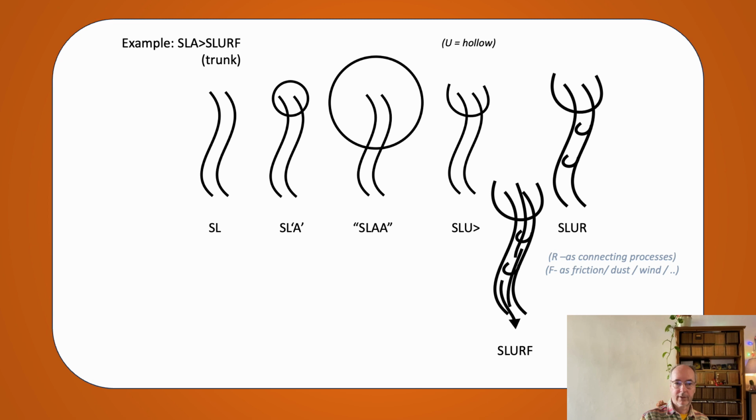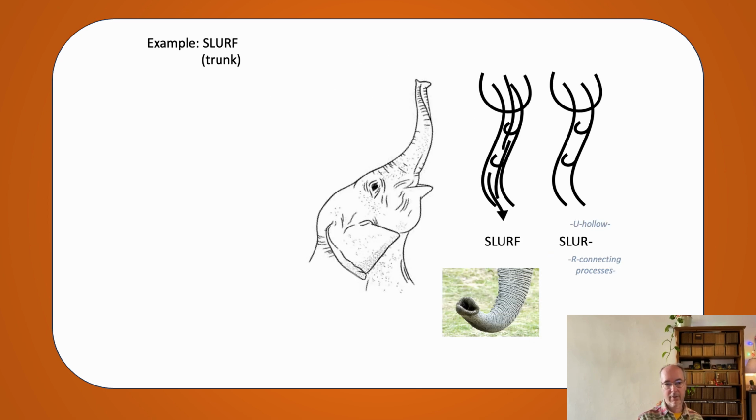And if I combine this with words, I have SLURF, which is a trunk. So I have first the R, all the connecting processes, and the F, which can be friction. In this case it could be dust, it could be wind, all these kind of things that have this friction. It makes this form, which was a physical S before, become hollow, and it is also used with the connection process because of the R, and with an F with the material inside.